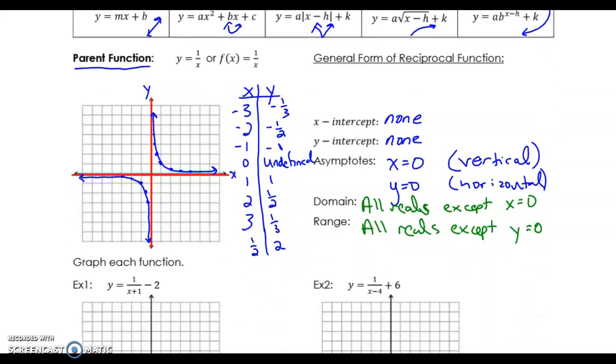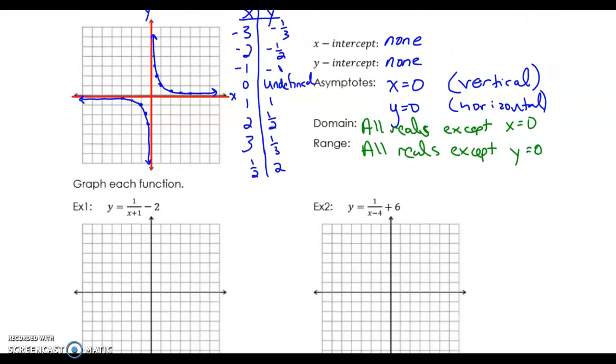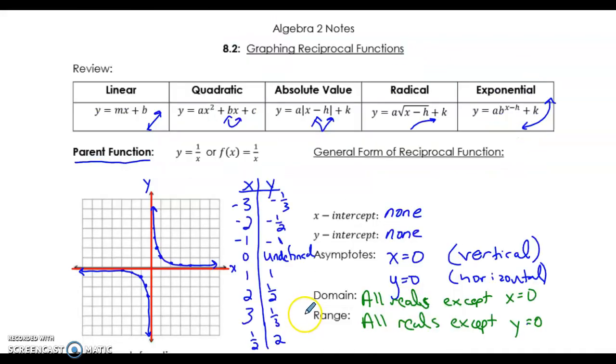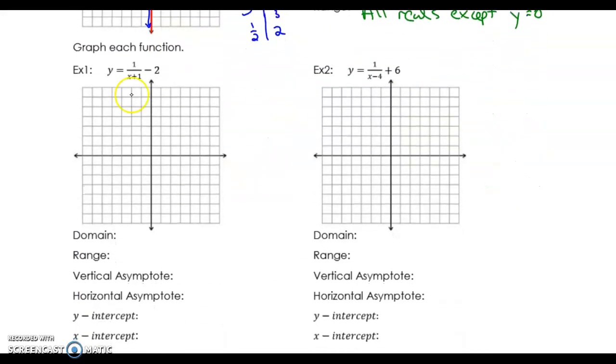All right, let's see what happens if I move this function. So just like when we've had the different transformations with all these different functions, when the number is in the function, so like this 1, we're going to do the opposite sign and it's going to move it left and right. When the number's outside the function, we're going to move it up and down.